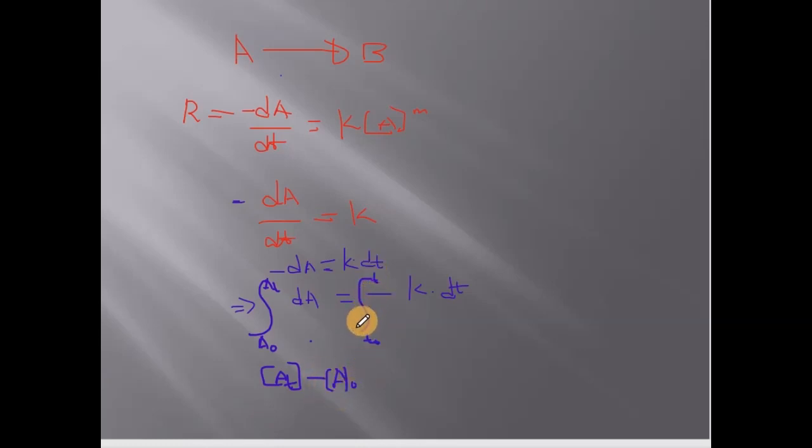Now with this one, because the time increases from 0, the initial is 0 and the final is what? A particular value. The integral quantity will just cancel out the differential quantity. So we get minus kt.